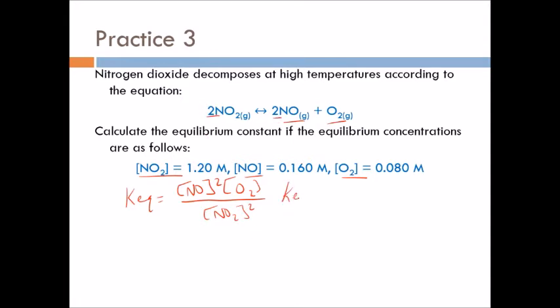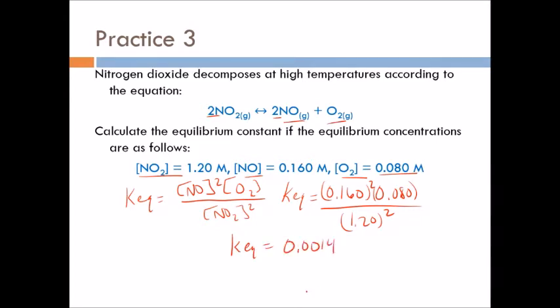Then all you have to do is plug in and chug, basically. Plug in the values. So NO, 0.160 raised to the 2nd power, and here's our oxygen, 0.080 over NO2, which is 1.20 raised to the second power. Then all you have to do is plug it in your calculator and calculate it out. And once you do that, KEQ equals this value.